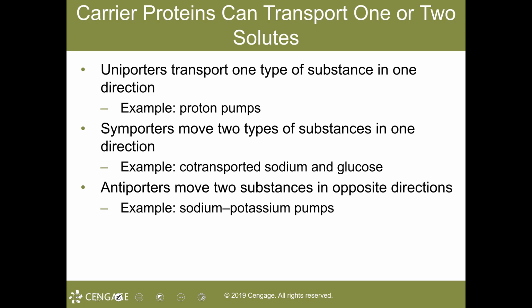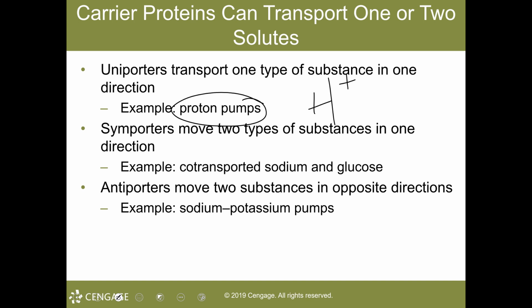So to help you out, class, with carrier proteins here, a uniport system, or a uniport protein, only pumps one substance in one direction. Proton pumps, such as hydrogen ions being pumped, are one direction. A symport, a symporter, would move 2 types of substances in one direction, such as co-transport with sodium and glucose.